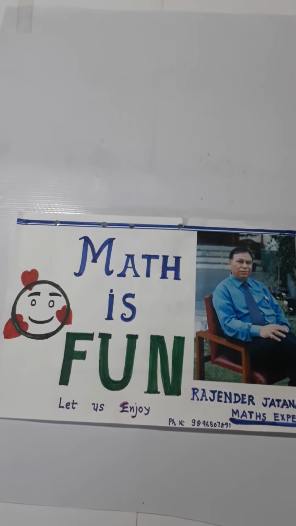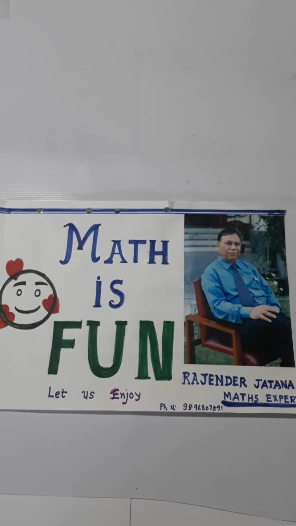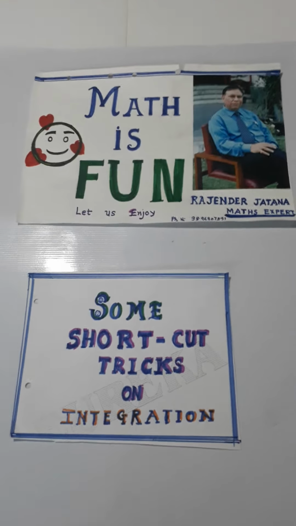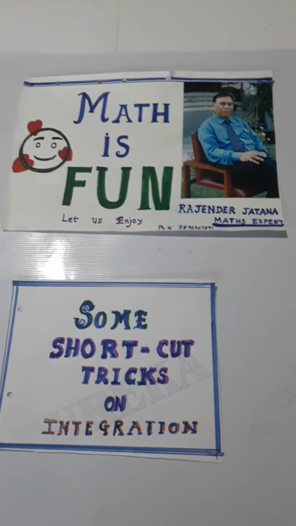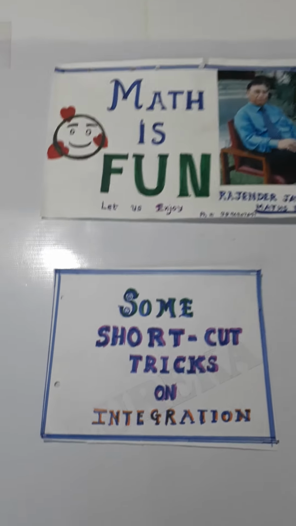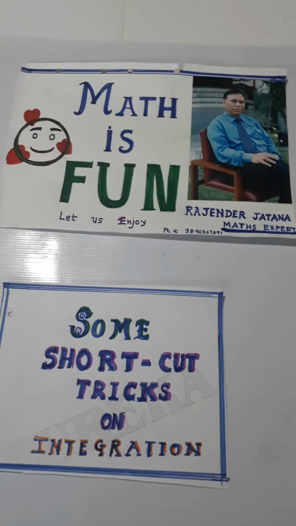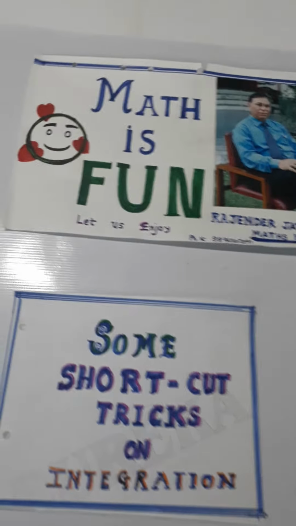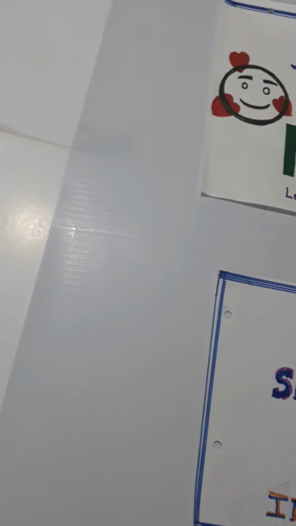Now let us start with one more short trick on integration. This short trick I will make you understand in three different ways, and the short trick is on integration by parts. Let us start it.